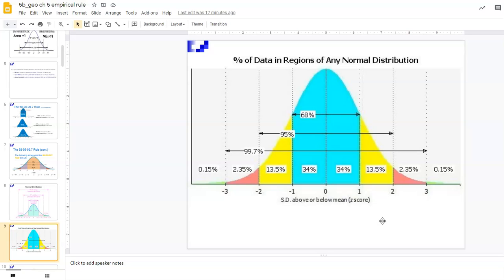These little red tails here are 2.35%, and you could get that by simply subtracting 99.7 minus 95 and then dividing by 2. And then at the very end, you have this green color where only 0.15% of the values lie at the very end, at the tails.